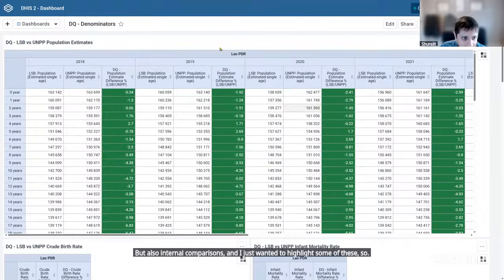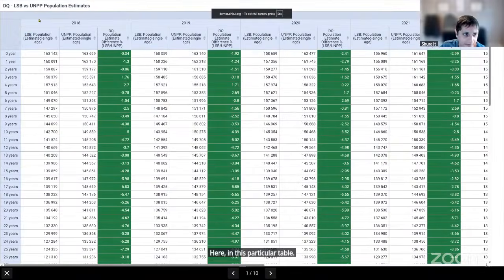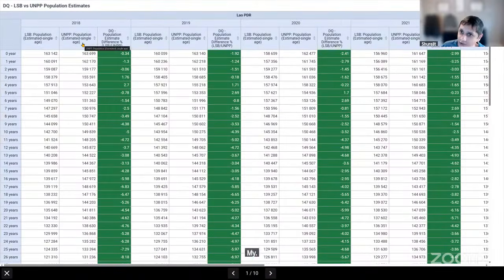And I just wanted to highlight some of these. So here in this particular table, I have one column separated for all my ages by 1 year, my census data, okay? And then next to it, I have my UN population projections. This is taken from publicly available UN data, and I brought it into DHIS2.